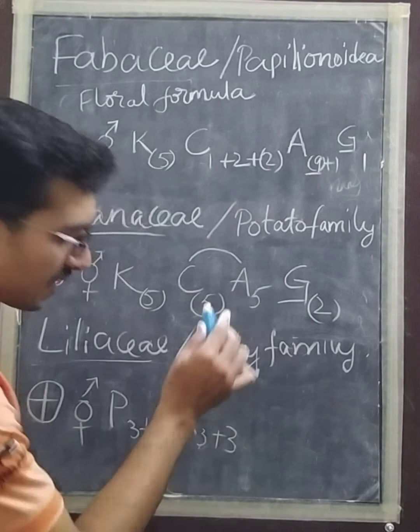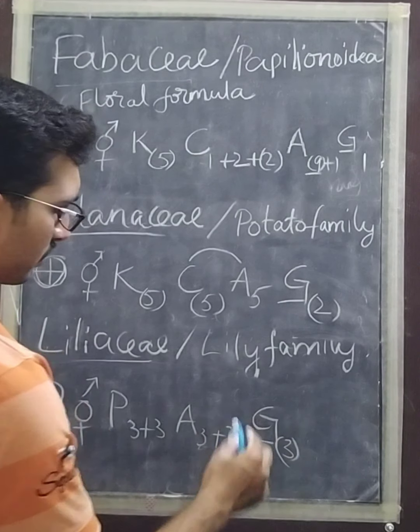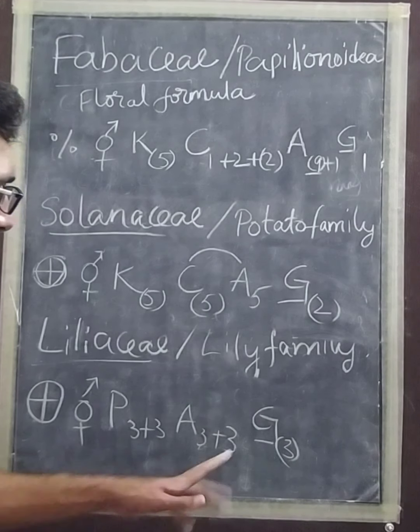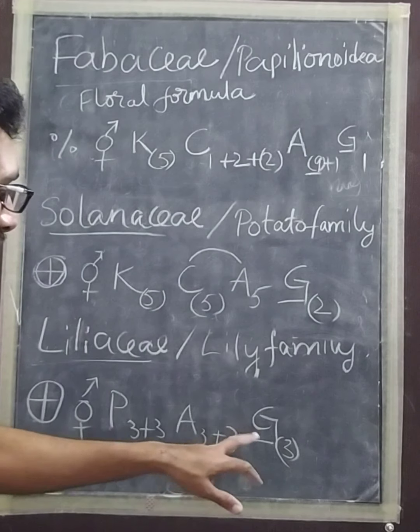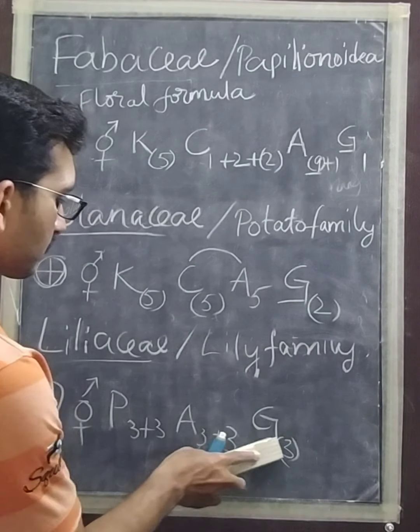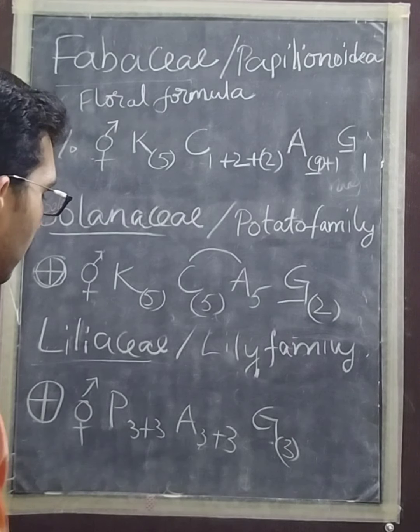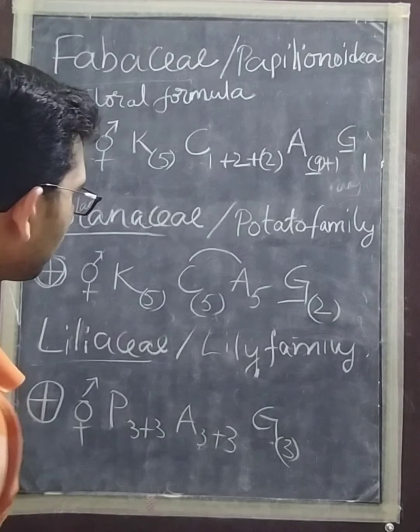Next, after androecium we move on to the gynoecium. So this is a superior gynoecium and it is having 3 carpels. So these are united. So we put it in a bracket, that is 3, tricarpellary gynoecium. So these are the features, the floral formulas of the 3 families.